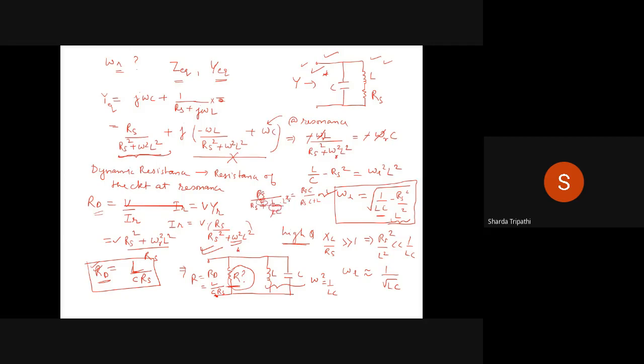Oh, I should not put it here, I had to put it here. So this becomes Rs square plus 1 upon LC into L square, divided by Rs. So L and L will get cancelled, and I will have Rs square into C plus L divided by C into Rs.